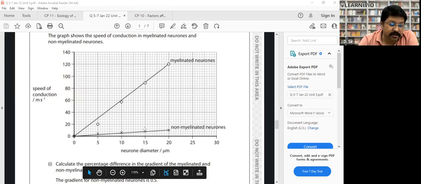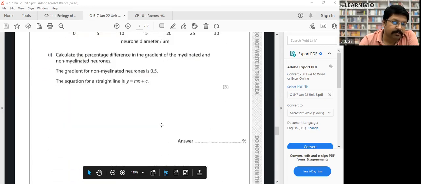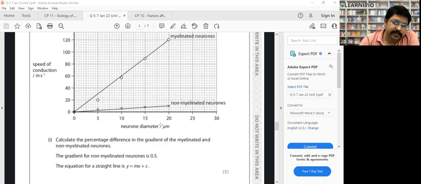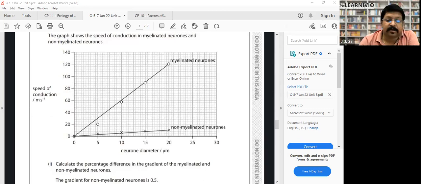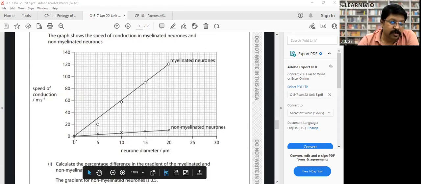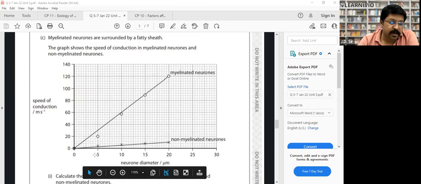In non-myelinated neurons, saltatory conduction doesn't take place. In myelinated neurons, the charges start jumping from here to there, like a frog, and that's how the nerve conduction takes place. So you can see here, as you increase the diameter, the rate of conduction goes faster and faster.